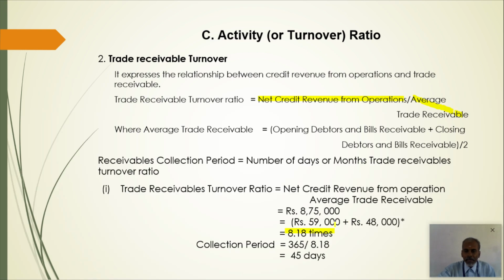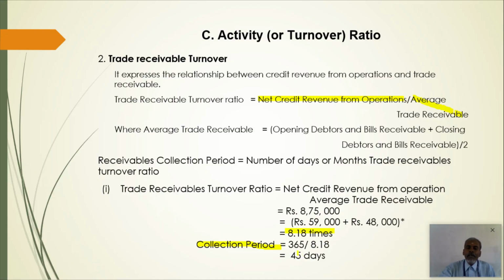So in short, we can also calculate the credit collection period. The credit collection period is calculated by dividing 365 days by the trade receivables turnover ratio. We have found 8.18 times above. So we divide 365 by 8.18, and will get 45 days.